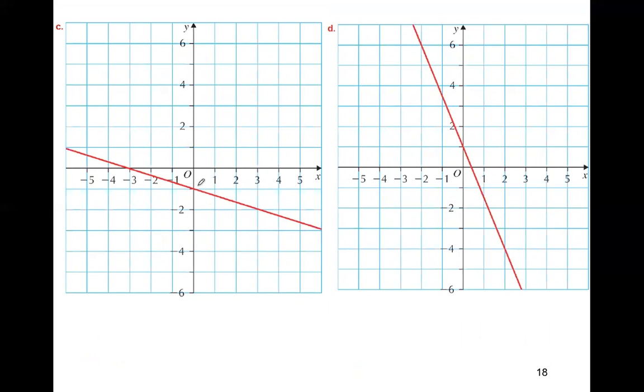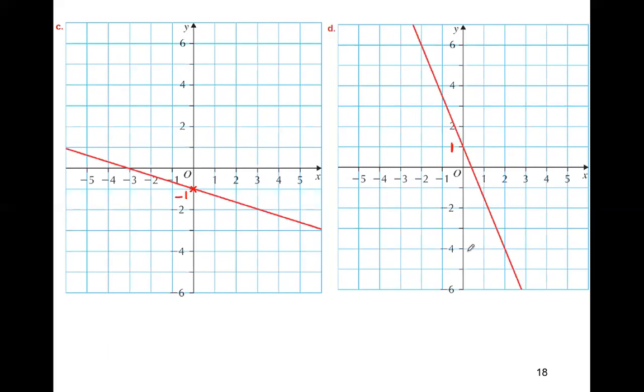I can see I've got 2 divided by 6, which is just 1 divided by 3. So negative 1 over 3 for this gradient. Y-intercept here at minus 1. That would be my c. Y-intercept 1 here.